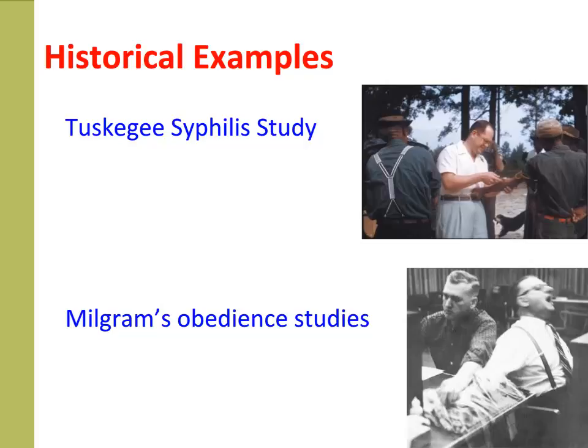Syphilis impacts people of all ethnicities and all socioeconomic statuses, yet researchers only studied poor African Americans, putting only them at extreme risk, when all people would have benefited from this experiment and therefore should have undergone the risks associated with it.